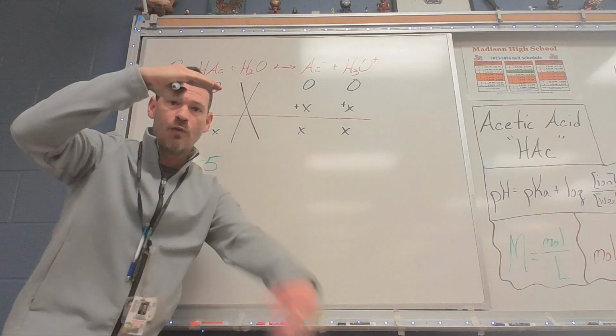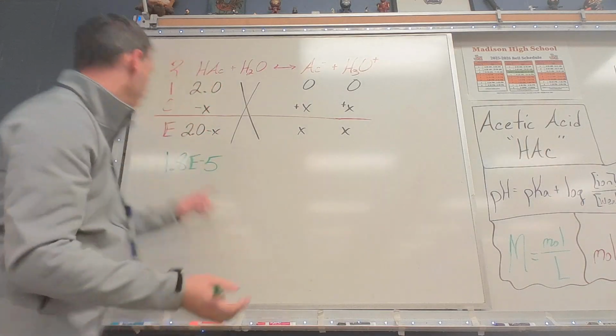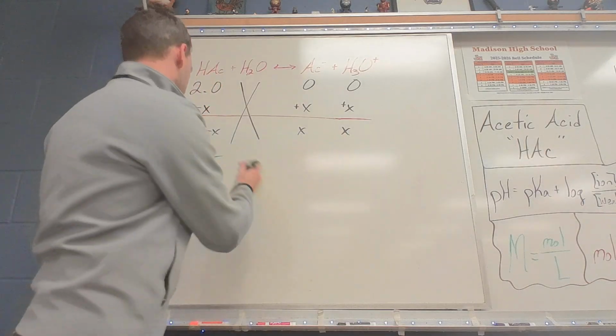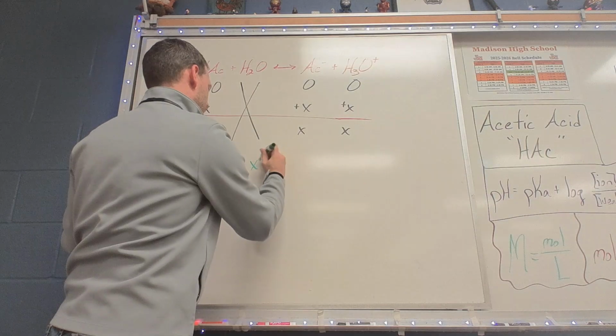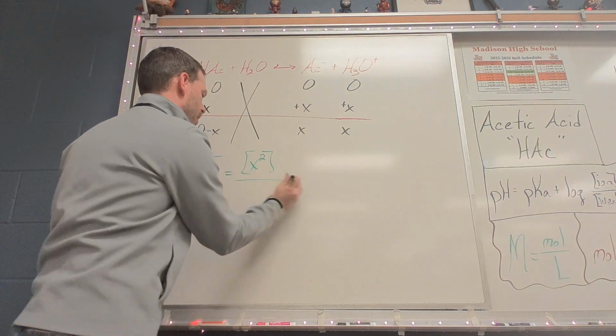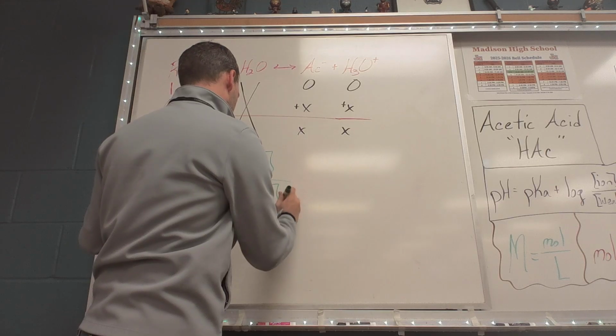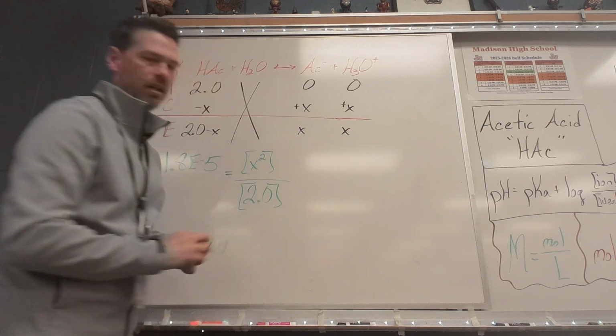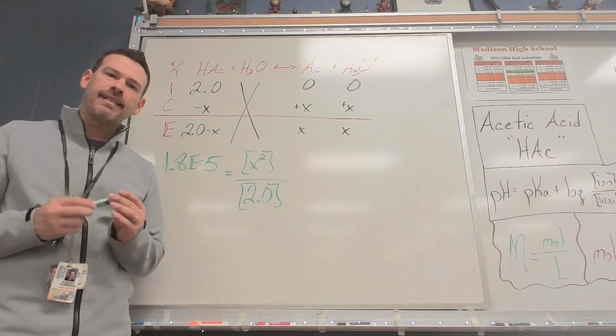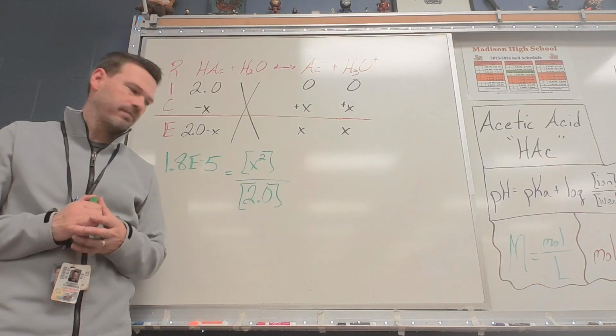K equals products over reactants from the E row. There's your 2 products. There's your reactant. But we have 2 minus X as a denominator.